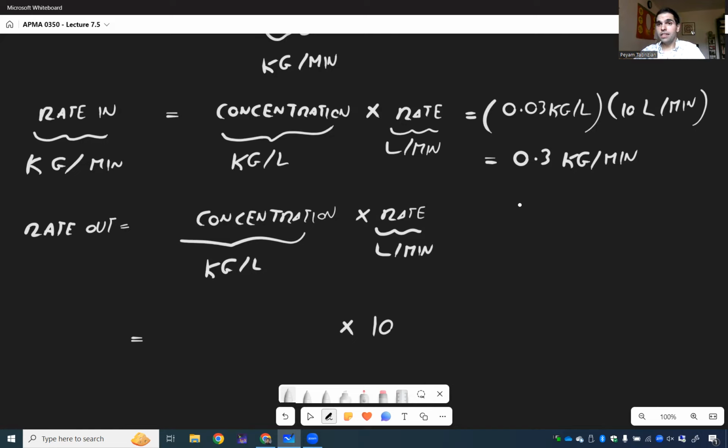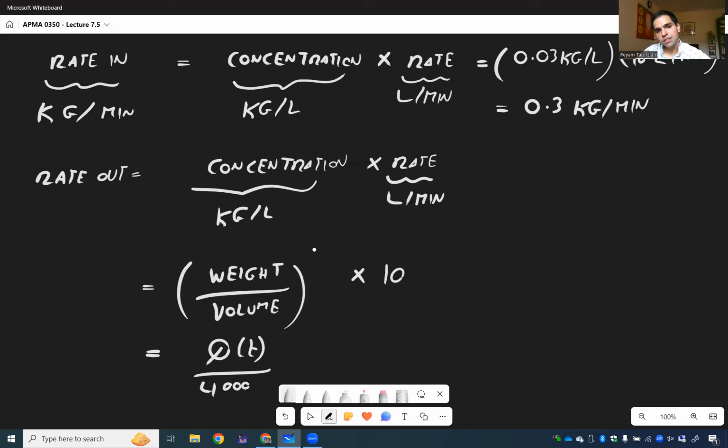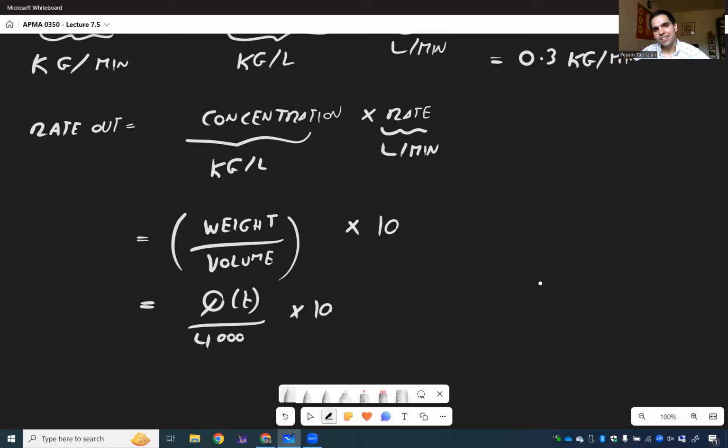More importantly, the more salt there is, the more goes out. So this rate out should depend on Q(t). For this, you just use the formula for concentration, which is weight divided by volume. That becomes Q(t) over 4,000, so not over 9,000, but over 4,000, times 10. That's Q(t) over 400 kilograms per minute.